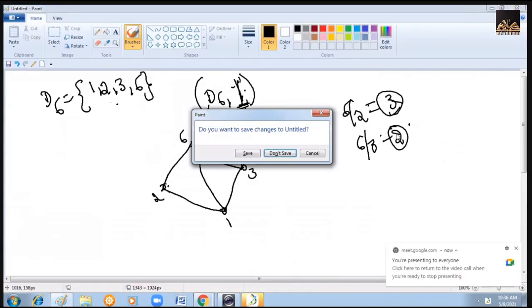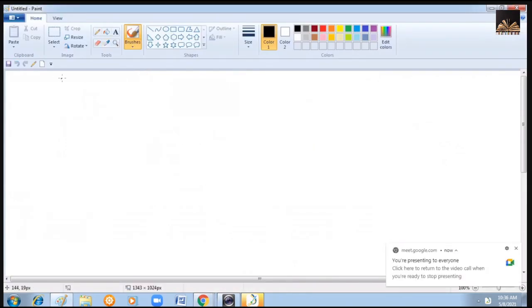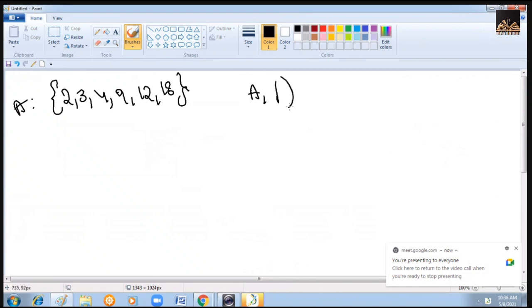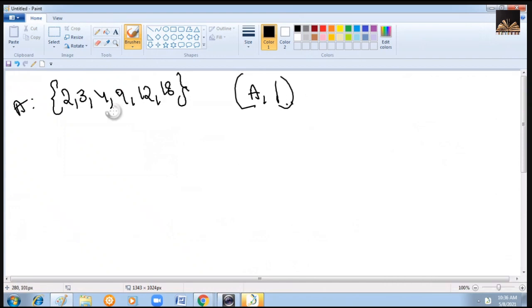Next example: consider a set containing the elements 2, 3, 4, 9, 12, 18. Draw the Hasse diagram for the same relation, division, but the elements are different here, right?